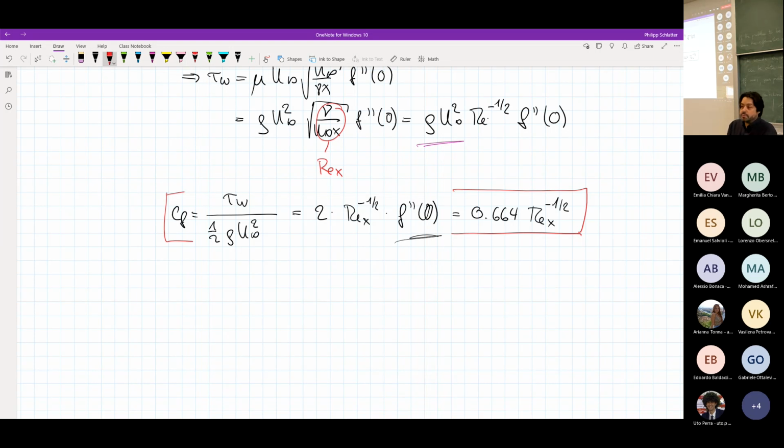And of course, that was what Mr. Blasius actually did when he derived it for the first time in 1908. And therefore, this is also called the Blasius friction law for a zero pressure gradient laminar boundary layer.